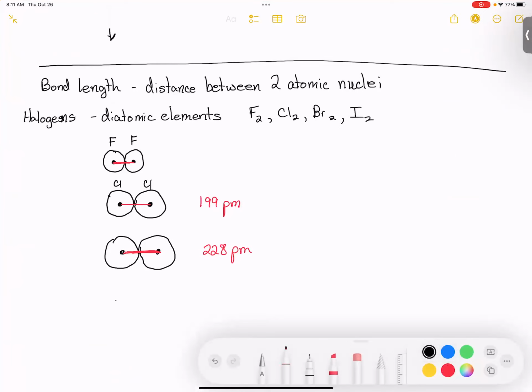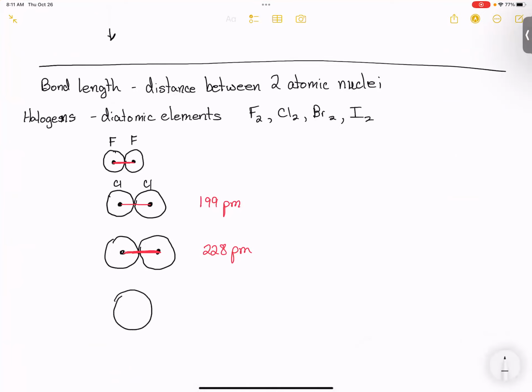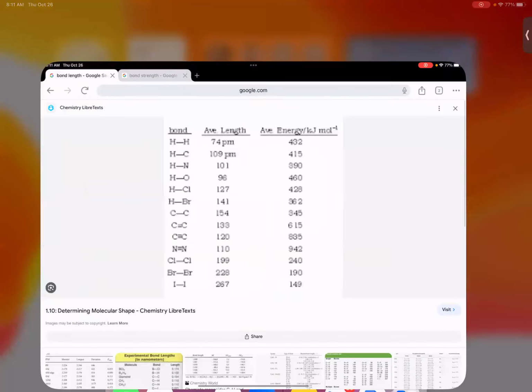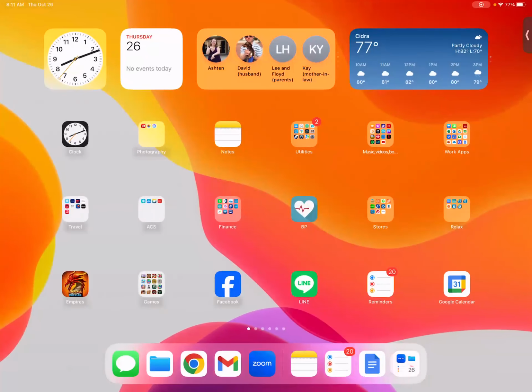And finally, you have iodine, which has a bond length of 287.